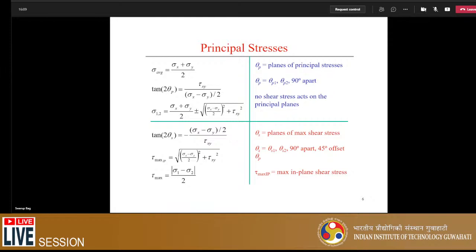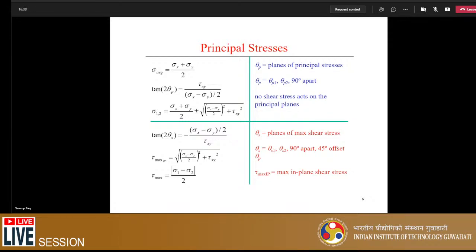Now from there, you find the slope equal to 0, that is, d sigma by d theta equal to 0. Say for example at a particular angle theta p, the plane of the principal stress is acting. The plane is defined by the relation tan 2 theta p equal to 2 tau xy divided by sigma x minus sigma y. Here tau xy is the initial state of the shear stress value, and sigma x, sigma y are the normal stress values.